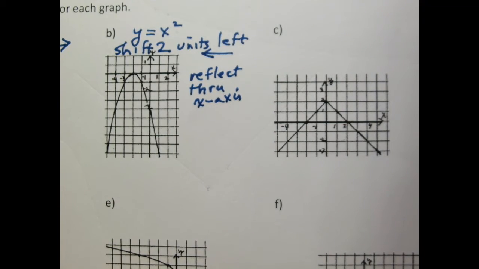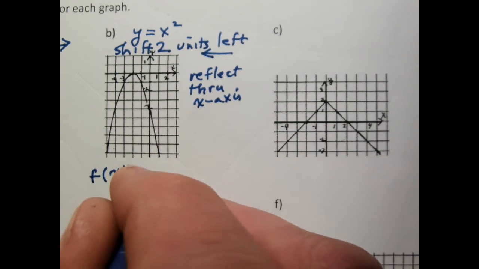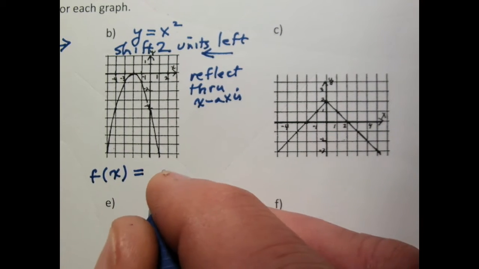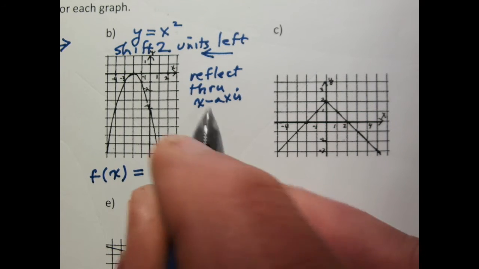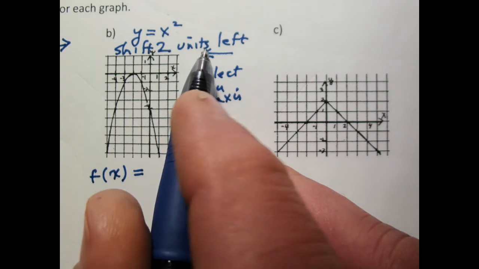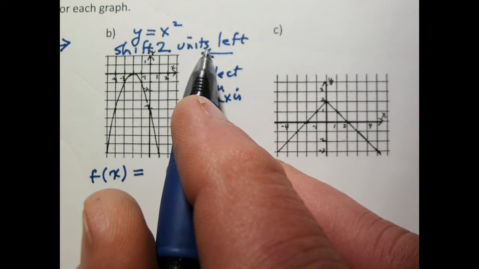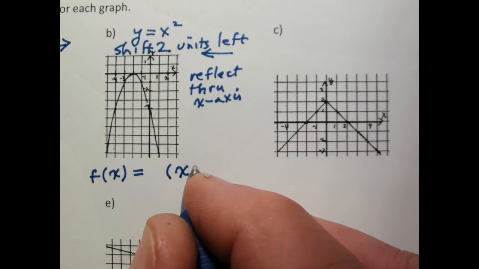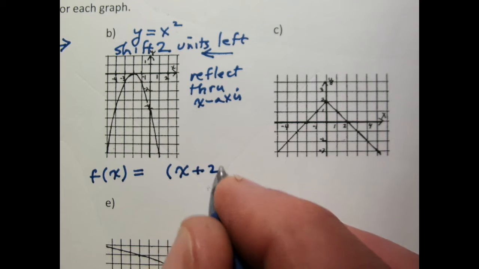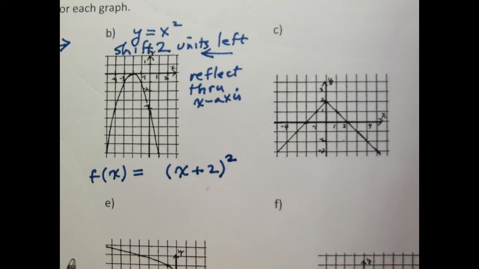So those two operations, so let's see, f of x is going to be based on the x squared function, but inside parentheses, I have to have my horizontal shift. 2 units to the left is going to be x plus 2 squared, so that's inside the squaring.